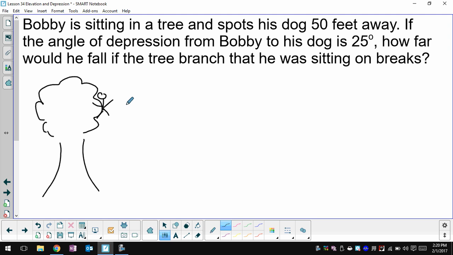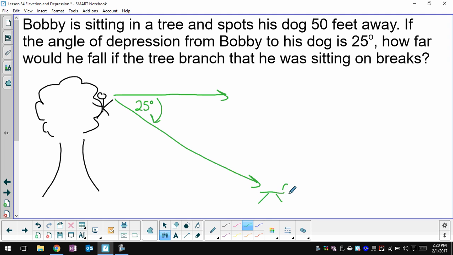He's looking down to this dog and it creates an angle of depression. So the depression is the angle formed between a straight horizontal line, and then looking down to this dog. I don't know.